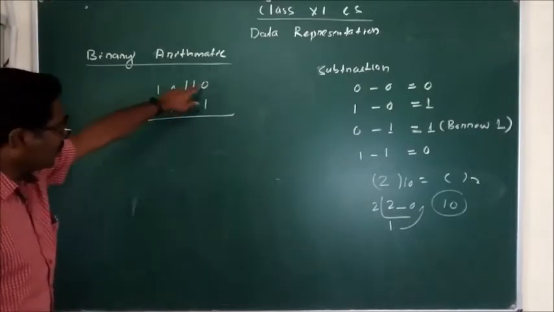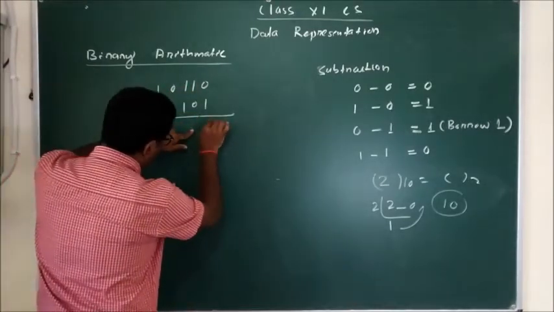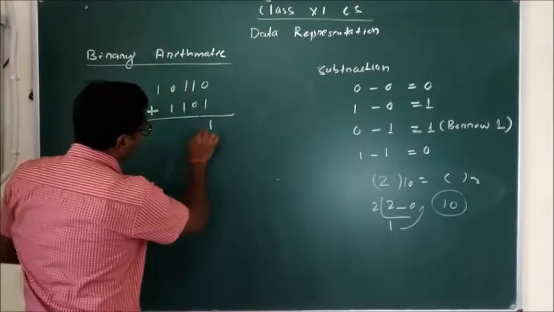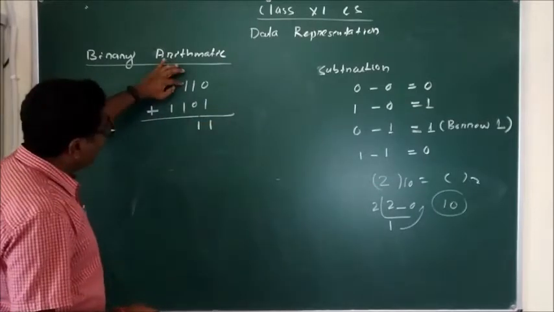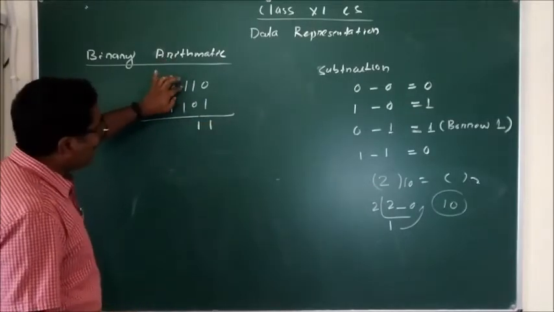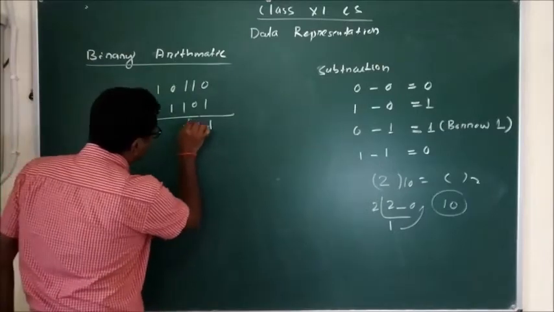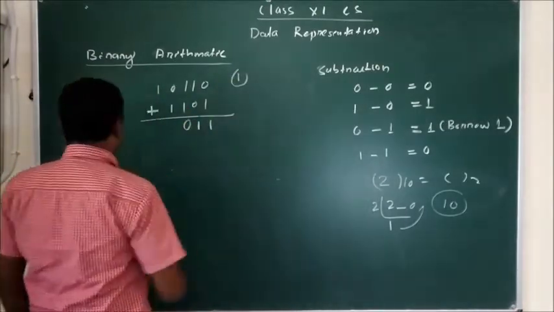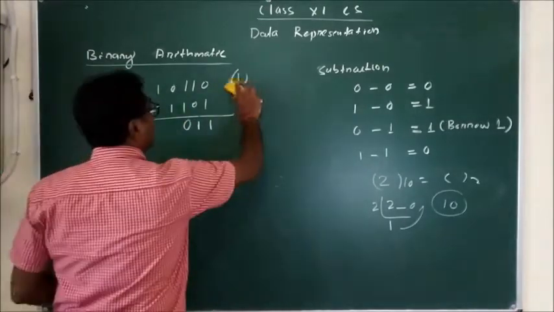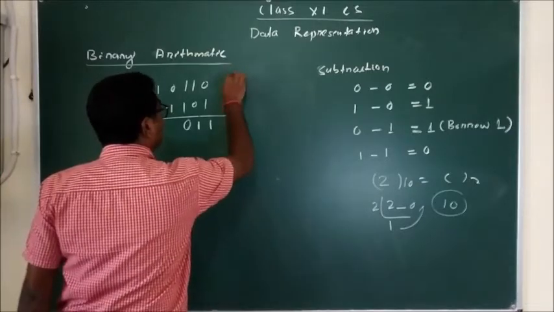Now 0 plus 1 is equal to 1. 1 plus 0 is equal to 1. Now here 1 plus 1, I am taking 0 and 1 as a carry over here.